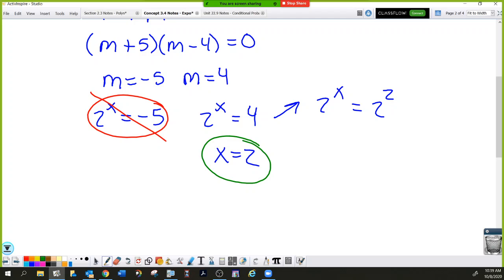Because that means when I factored it, I had to have 1 positive solution and 1 negative solution, and the exponential will never be negative. However, if the last number is positive and the middle number is negative, there would be 2 solutions. And if the last number is positive and the middle number is positive, there are no solutions.